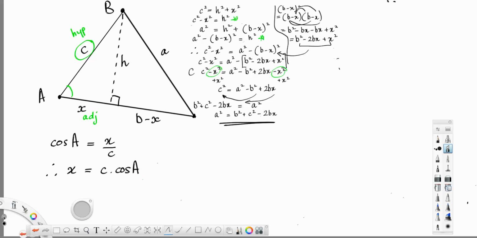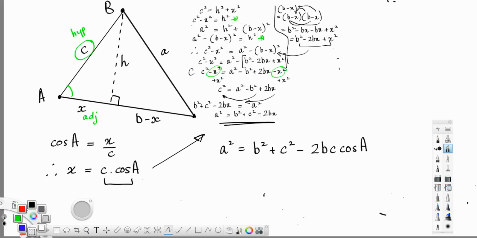Now, if we just put that straight into this expression, we're going to get a squared equals b squared plus c squared minus 2b, and instead of writing x, I'm going to write c cos A. And that is the cosine rule.